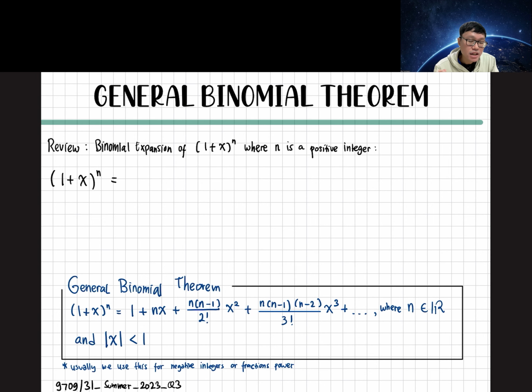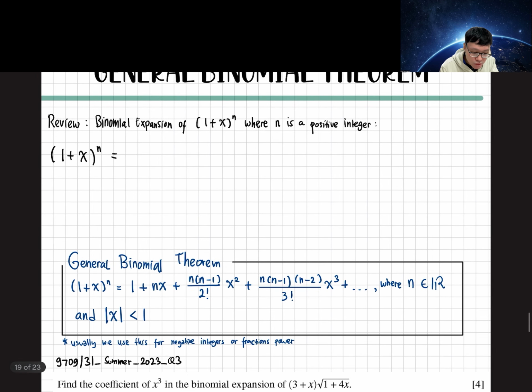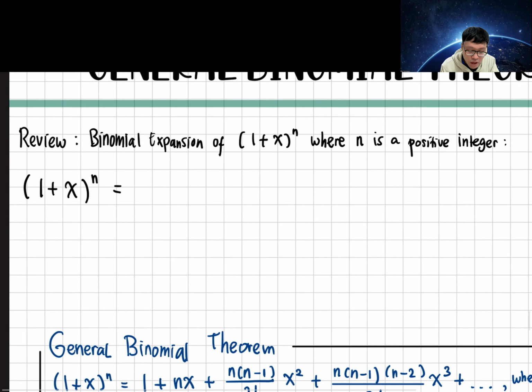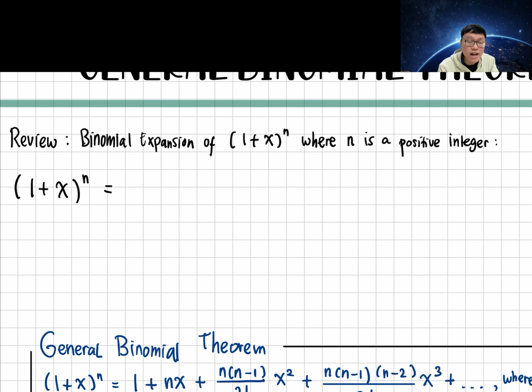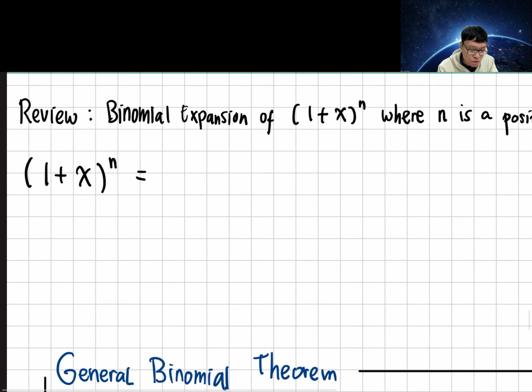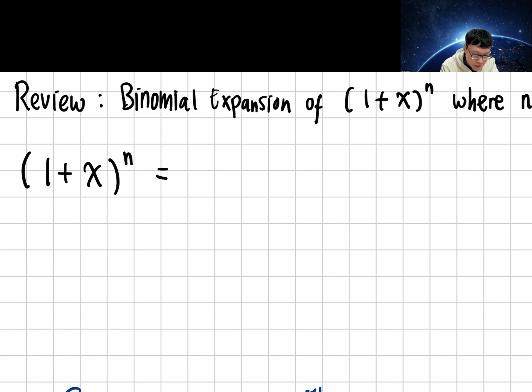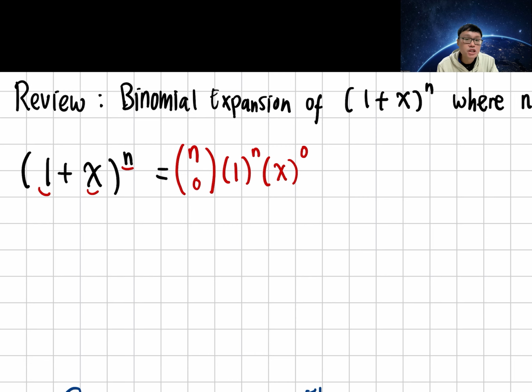So let's review first. How do we do binomial expansion for (1 + x)^n, where n is a positive integer? First, if you still remember, we start with combination n choose 0. And after that, the first term, which is 1, is raised to the power n, but the second term, which is x, has power 0.